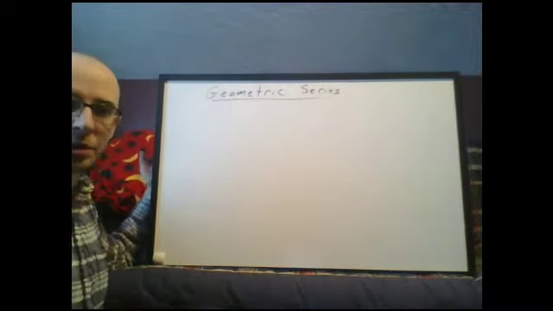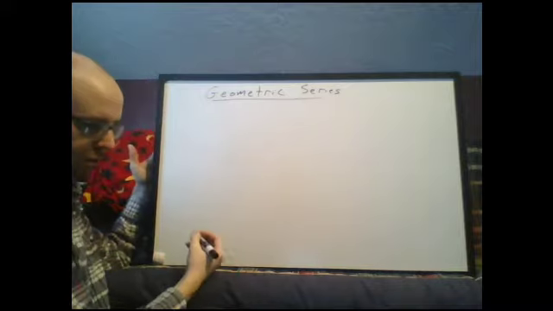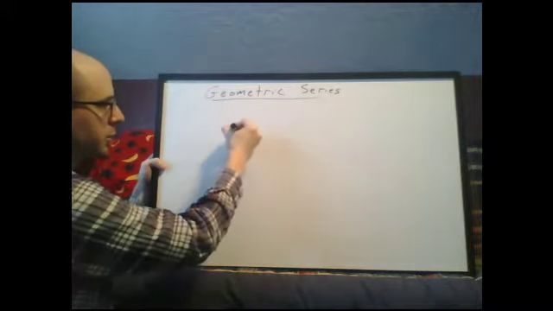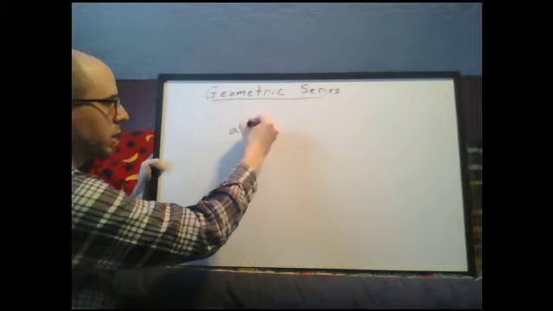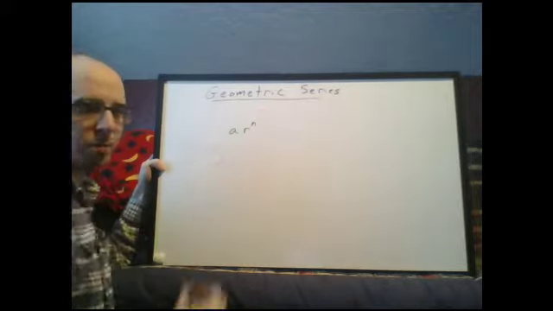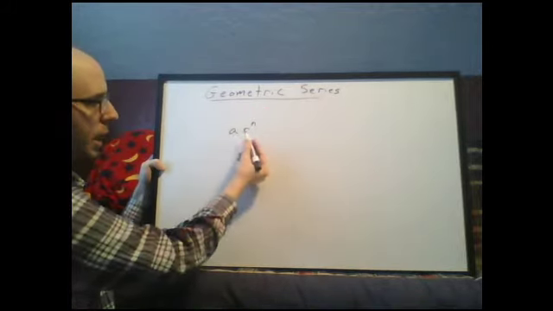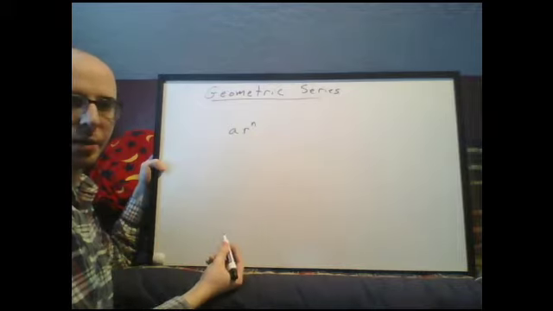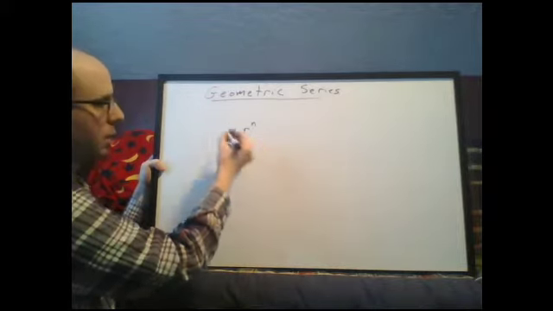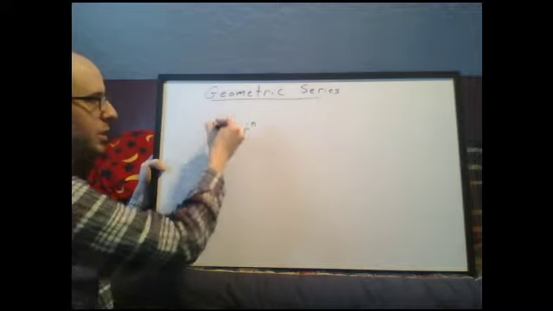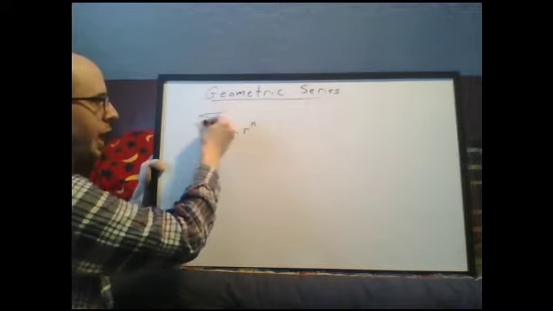Last time we talked about geometric sequences. A geometric sequence can be written in some form that resembles this: a number a times r to the n, where r is some number. So that's a geometric sequence. To make it a geometric series, we're just adding it up.